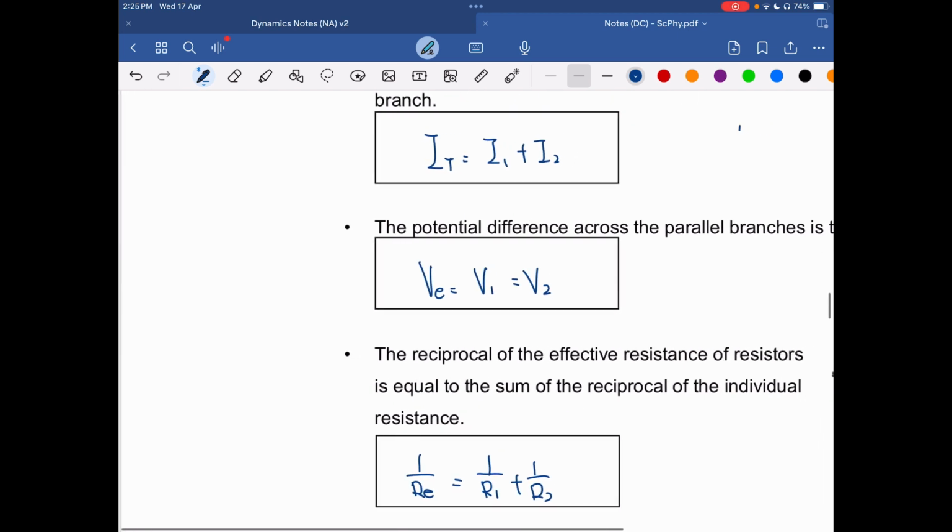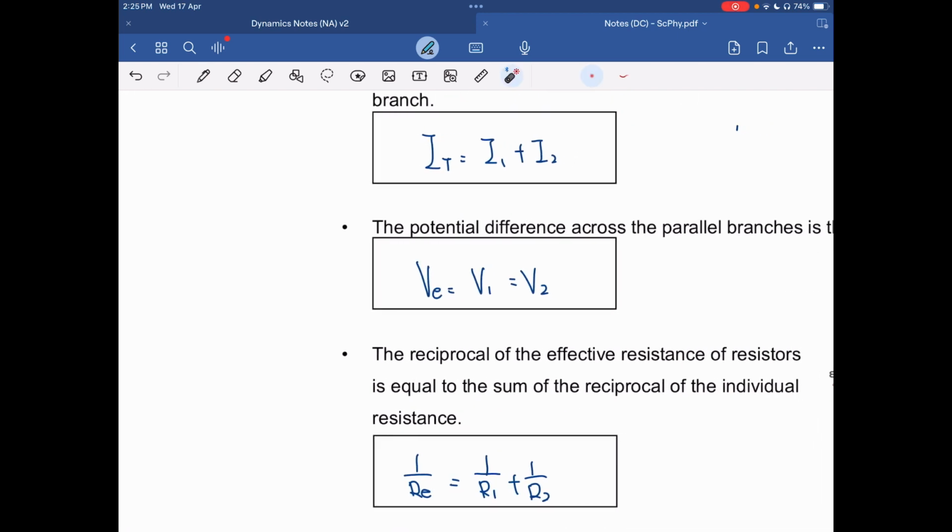So I use the result from the current, which is IT equals I1 plus I2. The total current from the circuit, since V equals IR, will just be equal to V total, or rather the EMF, divided by the effective resistance.